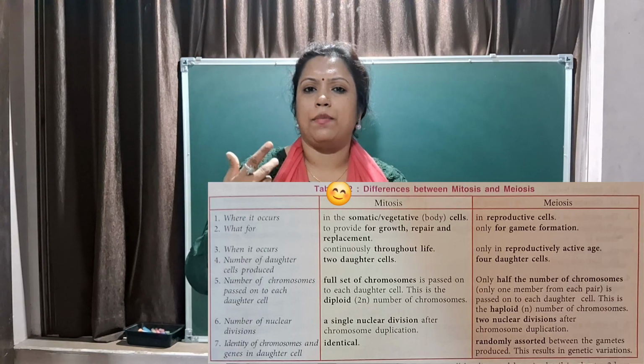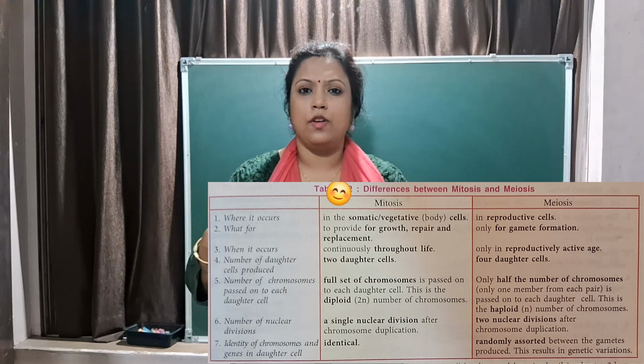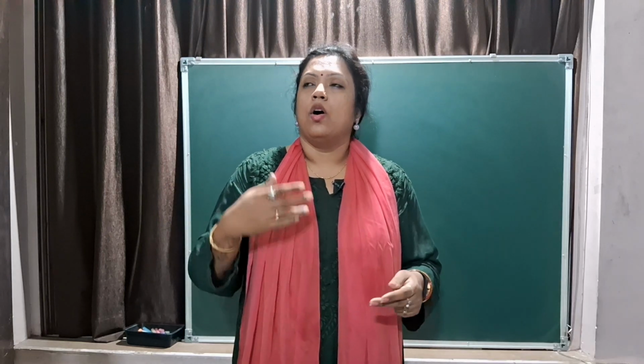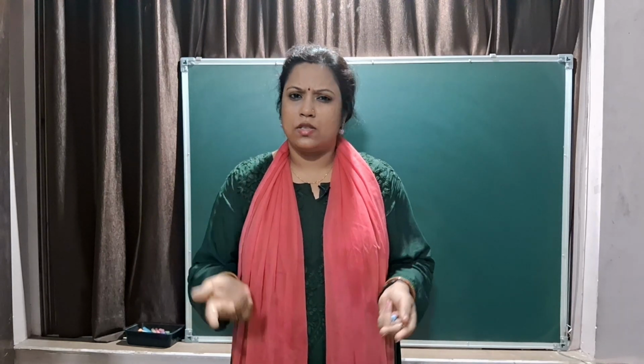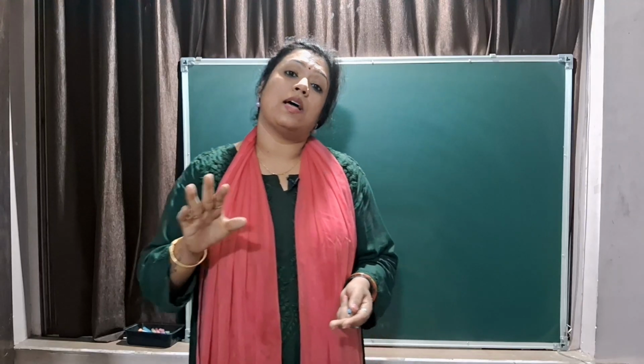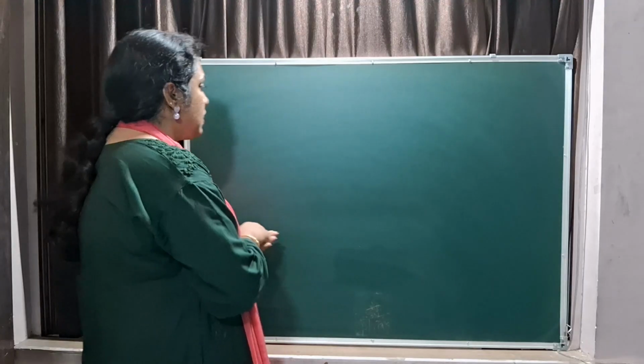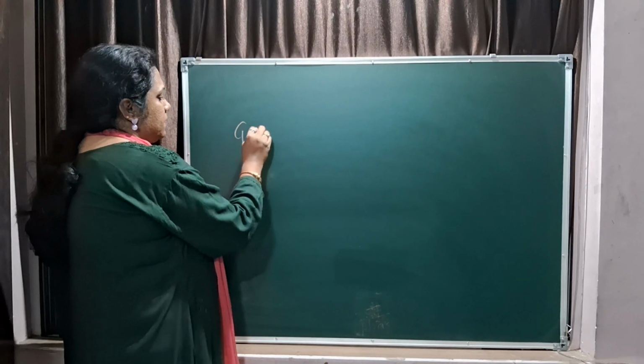Mitosis can happen throughout the lifetime, whenever you need any cell repair or growth. So, mitosis happens all the time. Meiosis happens only during gametogenesis. What is gametogenesis? Formation of gametes.